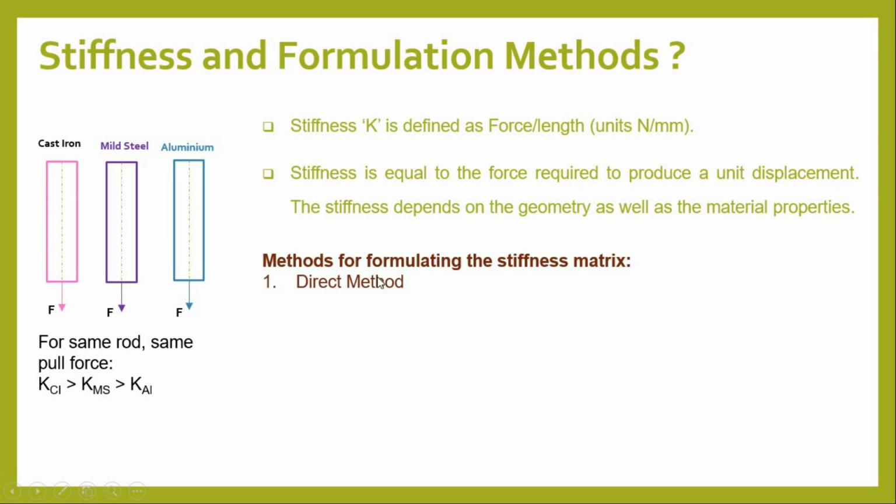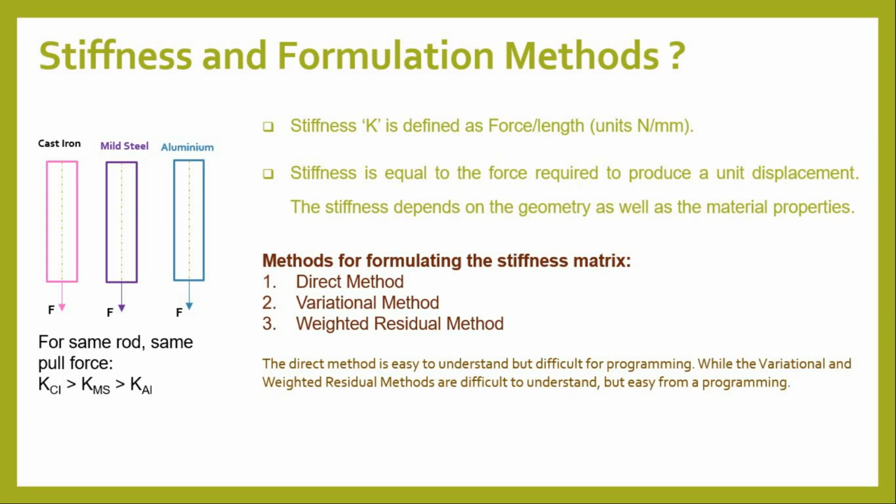There are three different methods to solve this stiffness matrix. First is the direct method, second is the variational method, and third is the weighted residual method. The direct method is easy to understand but difficult for programming, while the variational and weighted residual methods are difficult to understand but easy from a programming point of view.